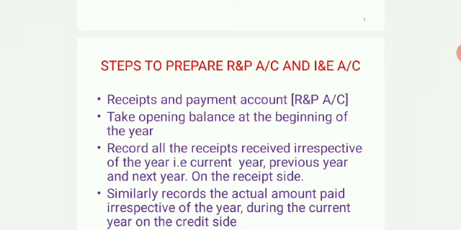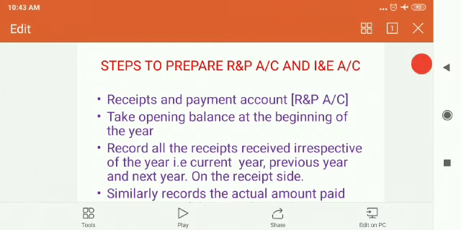First of all, take the opening balance at the beginning of the year, that is the cash or bank, to the debit side. Record all the receipts received irrespective of the year, that is current year, previous year and next year, on the receipt side or debit side of the receipts and payments account.